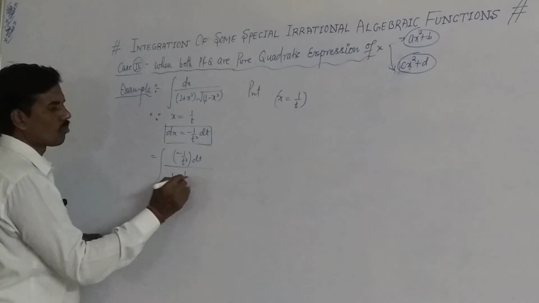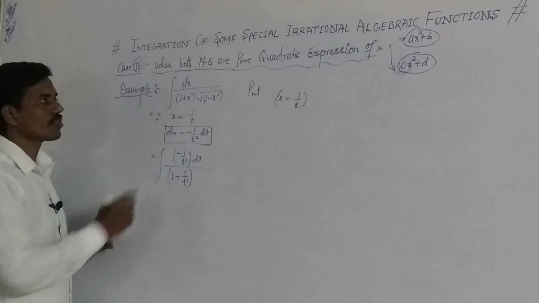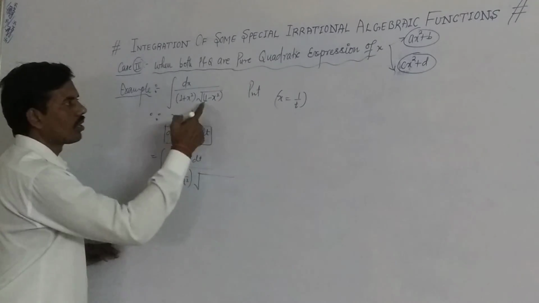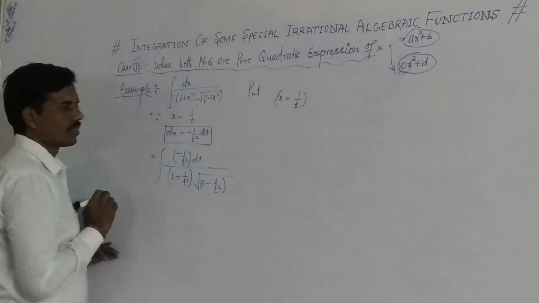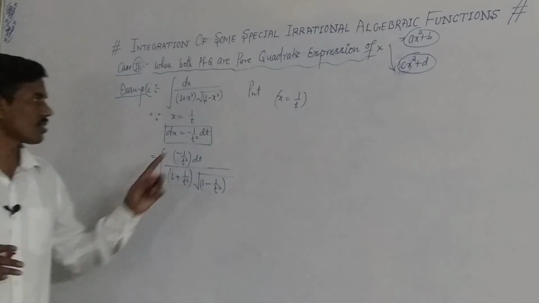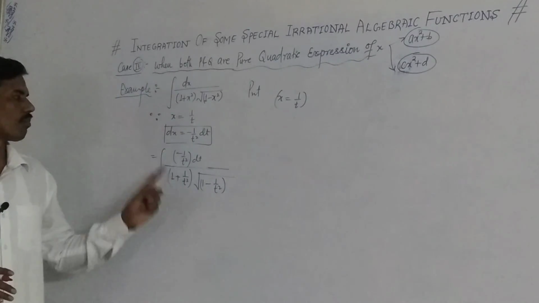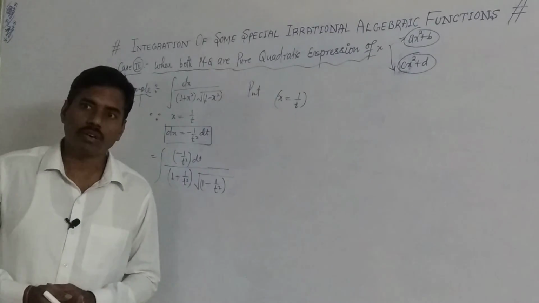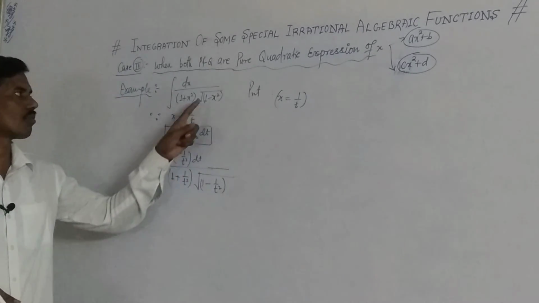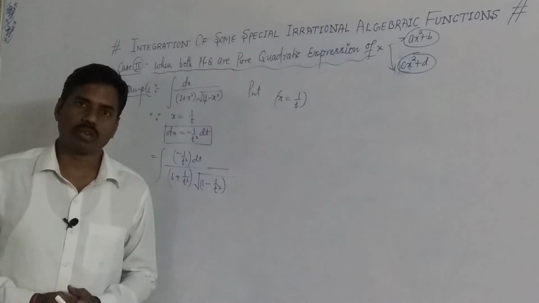X means 1 upon t, and x square is equal to 1 upon t square, under root of 1 minus 1 upon t square dt. Clear? dx is equivalent to minus 1 upon t square dt, and 1 plus x square. X means 1 by t, so x square is 1 upon t square, under root of 1 minus x square. X is 1 by t, then x square is equal to 1 upon t square.